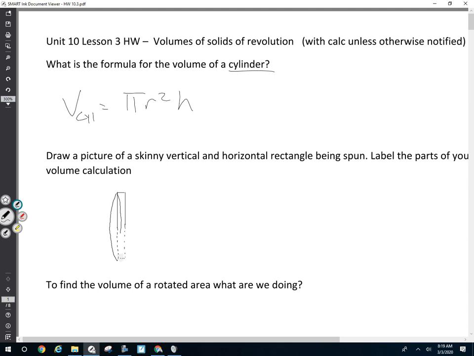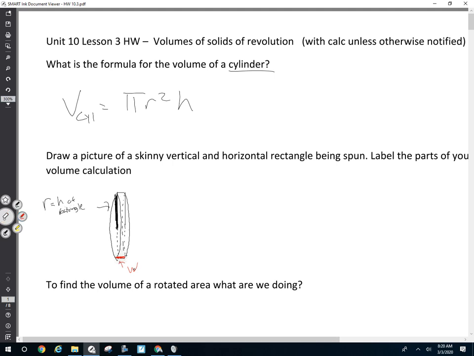Like here is top, bottom. Okay? Now, R is right here. R ends up being the height of the rectangle, whereas H right here ends up being the skinny width of the rectangle.